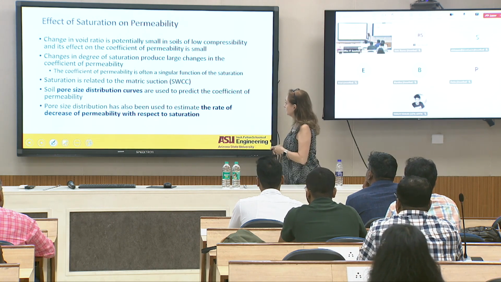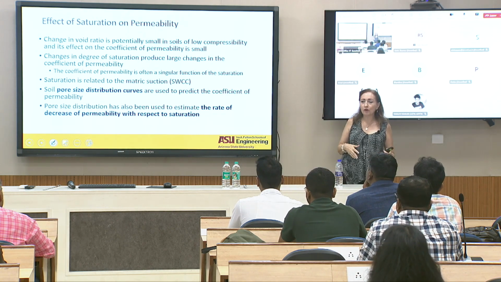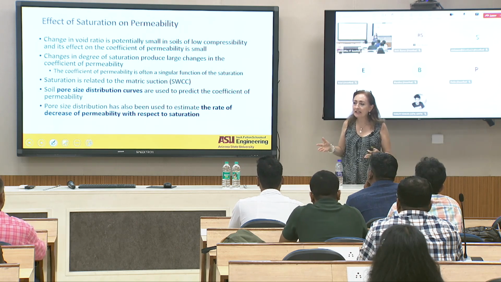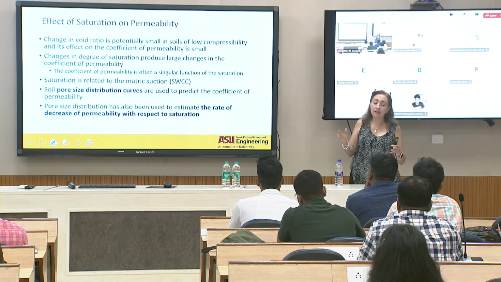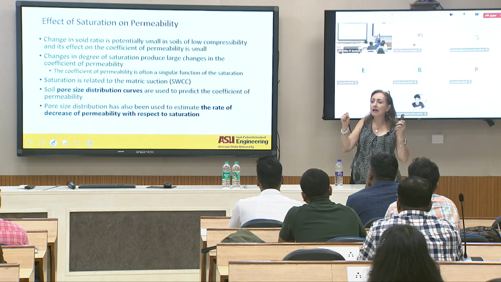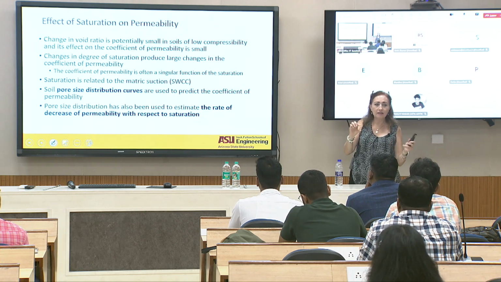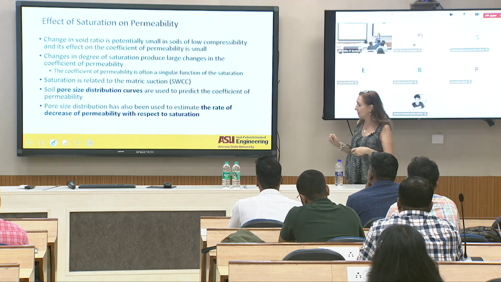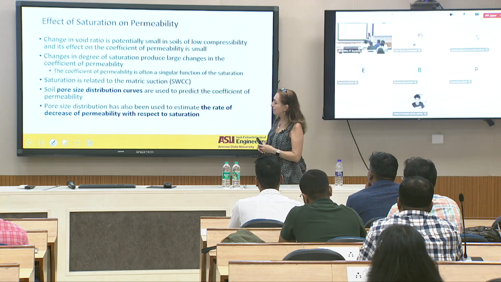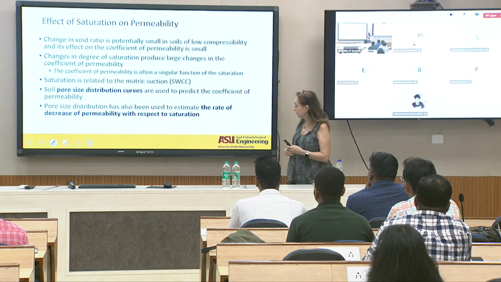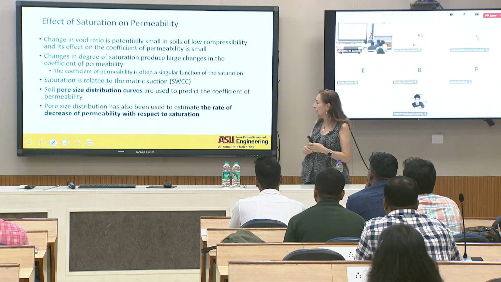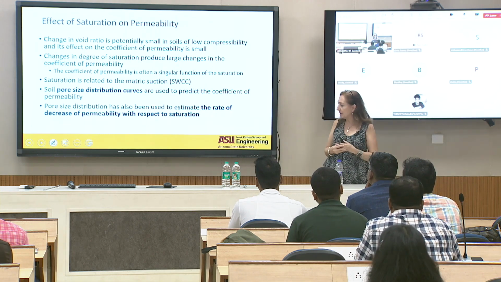So that's very important. So for the first time, the void ratio, the change in the density, is not as important as the change in moisture content of the soil. So the pore size distribution curves are usually used to predict the coefficient of permeability.